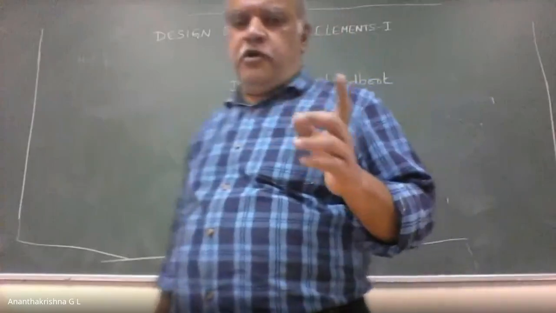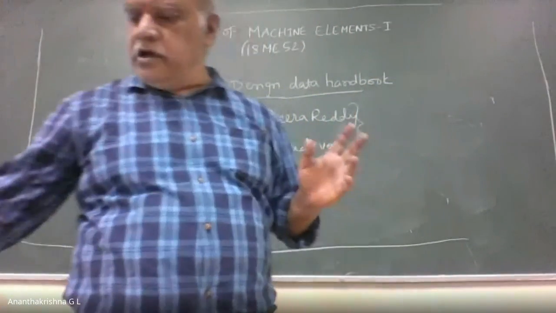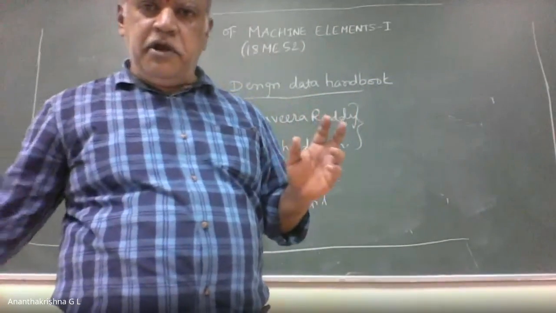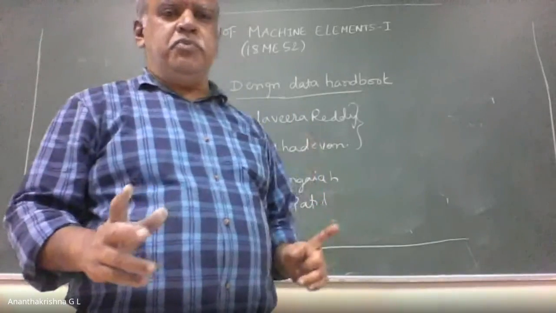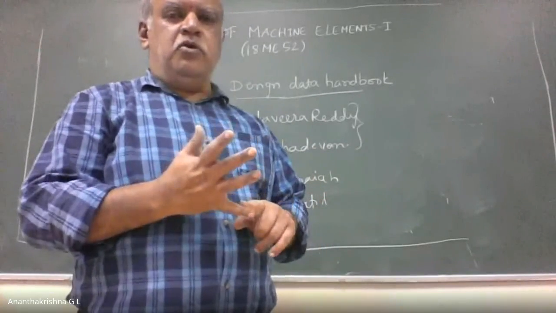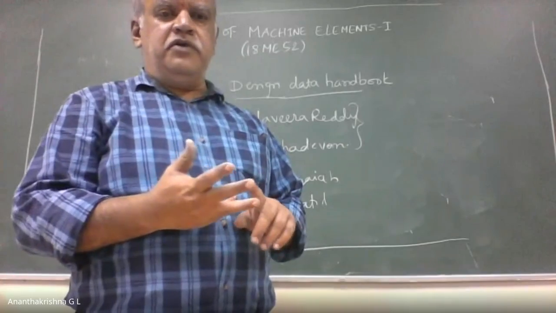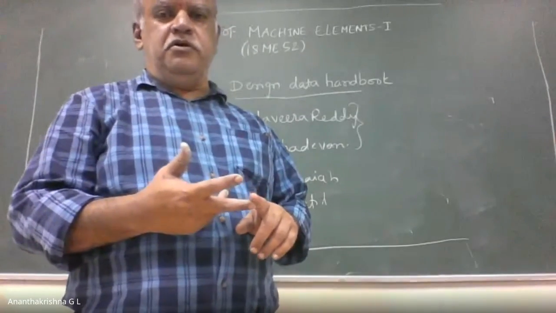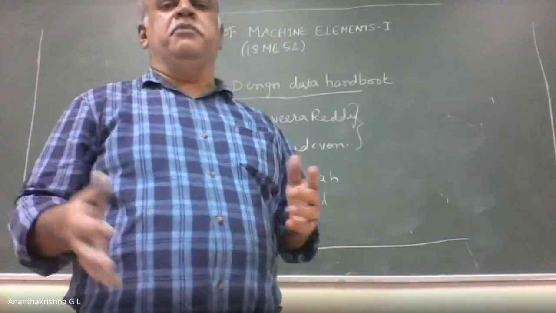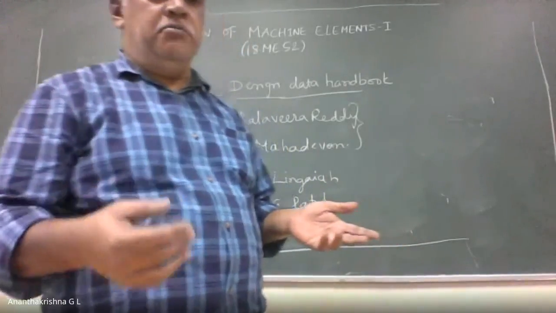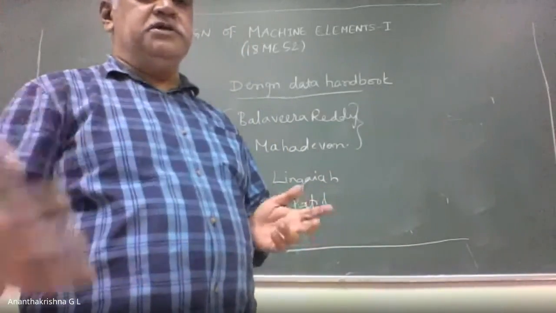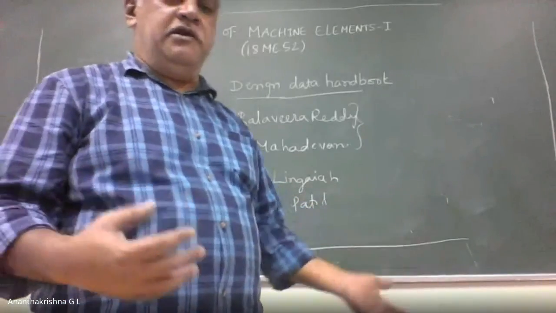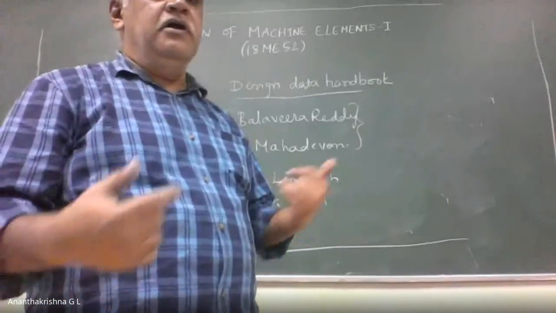And from next class onwards, are you all able to hear me? Yes, sir. Next class onwards, you should possess a proper notebook, calculator with you all the time, and also data handbook with you. Initially it may not be required to have data handbook, but when we do principal stress and strains, like in mechanics of materials, you need not remember the equations.